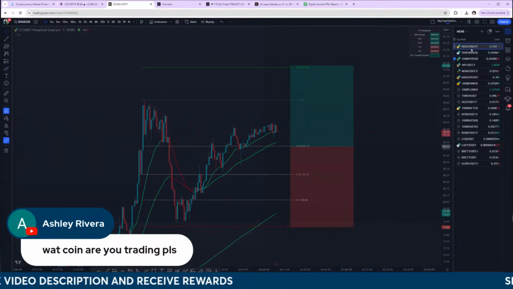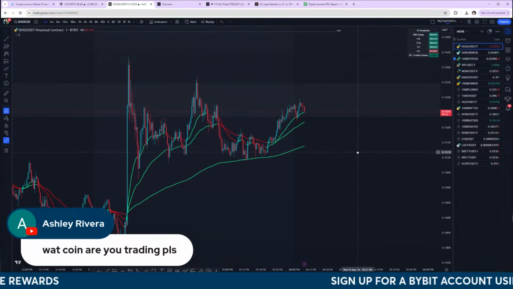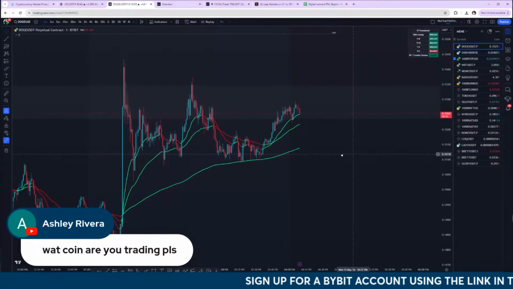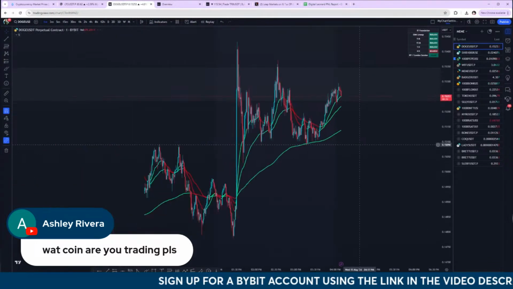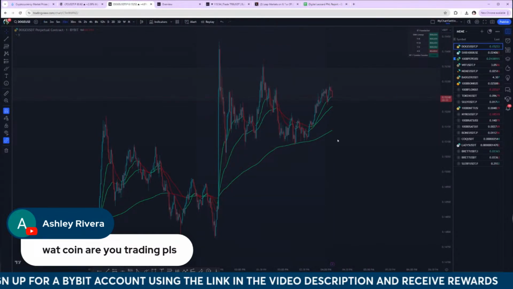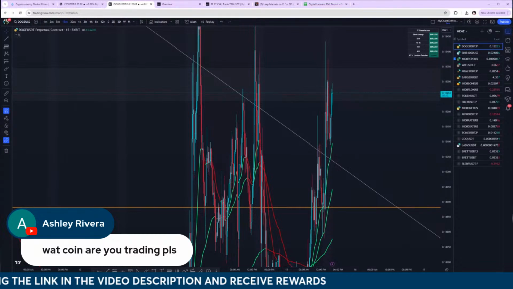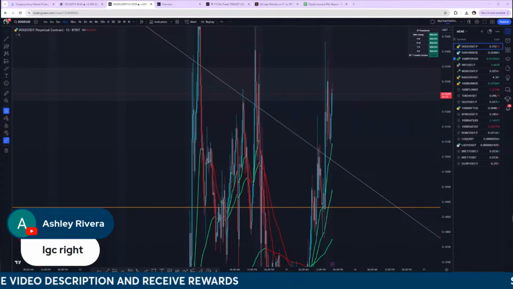So let me look at other trades, some other memes and all of that. For Doge, I think we should be looking for a sell trade. It's LTC, not LGC.